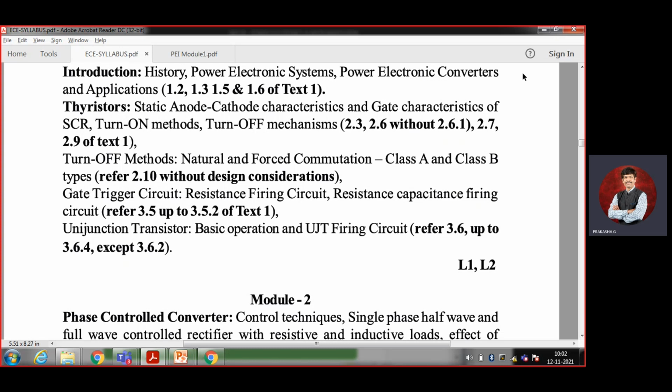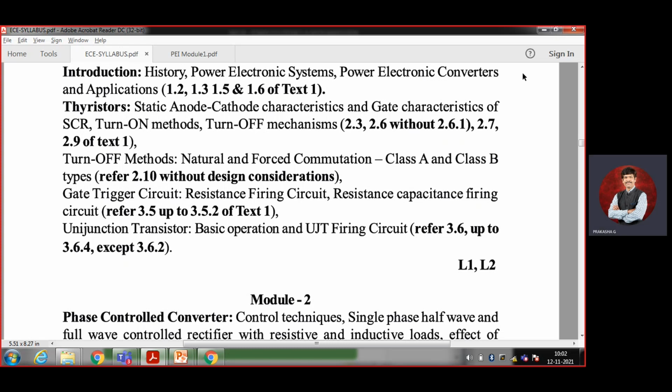The thyristor will be triggered, and at some point we need to turn off that particular thyristor. So, how do we turn off the thyristor in the circuit? We will have different elements in the circuit, very basic components like resistors, capacitors, inductors, and any other components. Along with that, we are using a thyristor in our circuit.